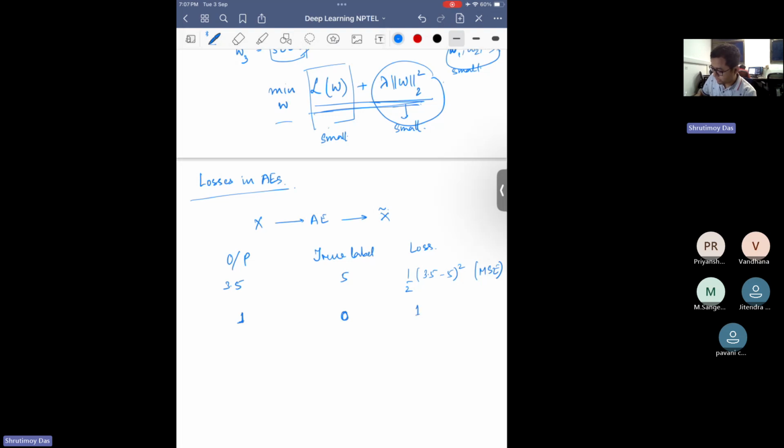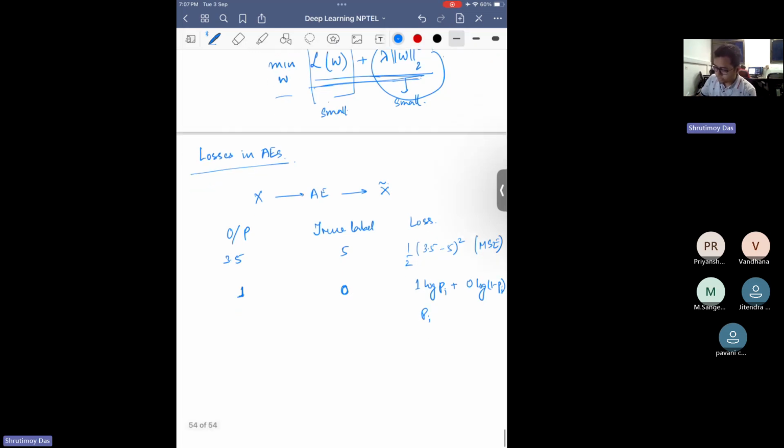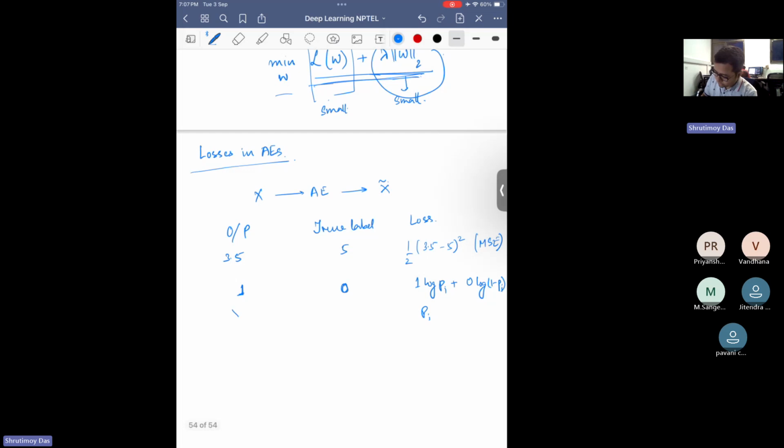So I will write log pi plus 0 times log 1 minus pi, say pi is your probability of cat. It is something like this. It is not correct actually, but this is your y hat, this is your y, and this is your loss.